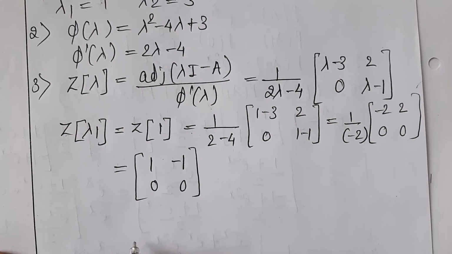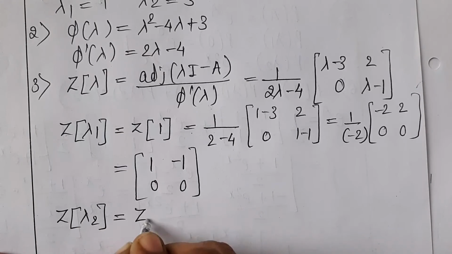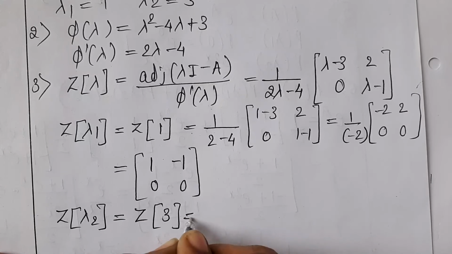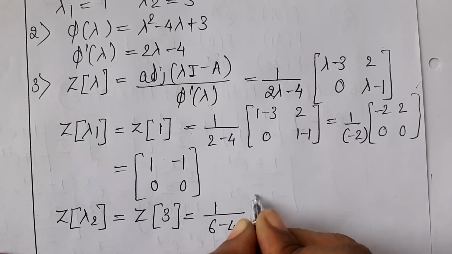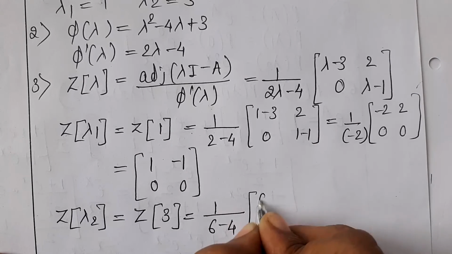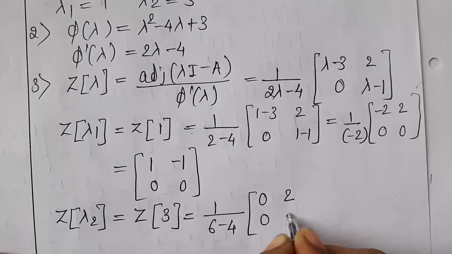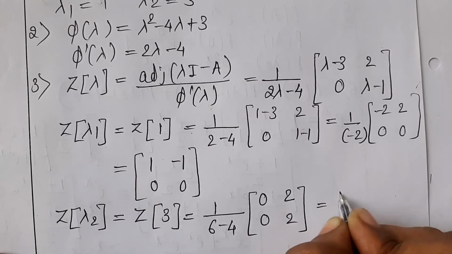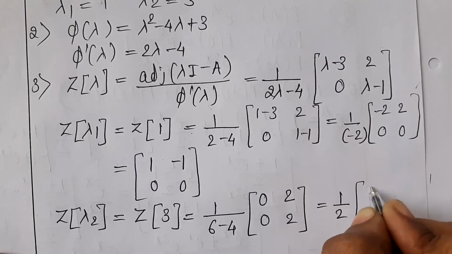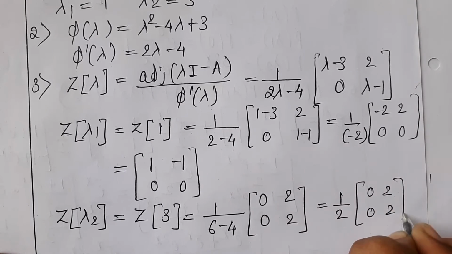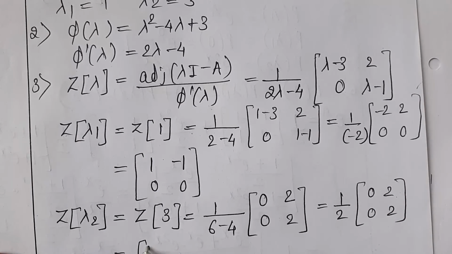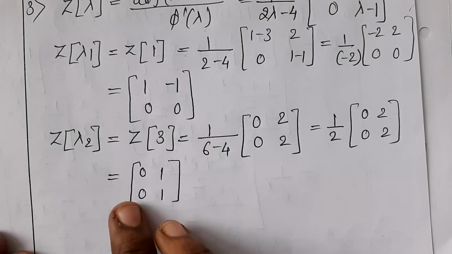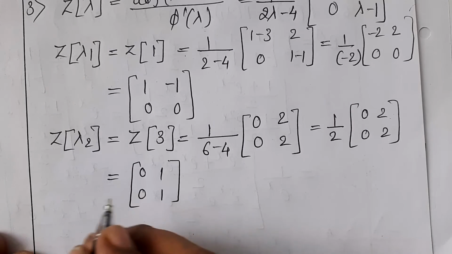Next, Z of lambda 2 we want. So Z of lambda 2 is equal to Z of 3. So this is equal to 1 upon 2 into 3 is 6 minus 4, times the matrix 3 minus 3 is 0, 2, 0, 2. So this is equal to 1 by 2 times 0, 2, 0, 2. So it is equal to 0, 1, 0, 1. This is Z of lambda 2.